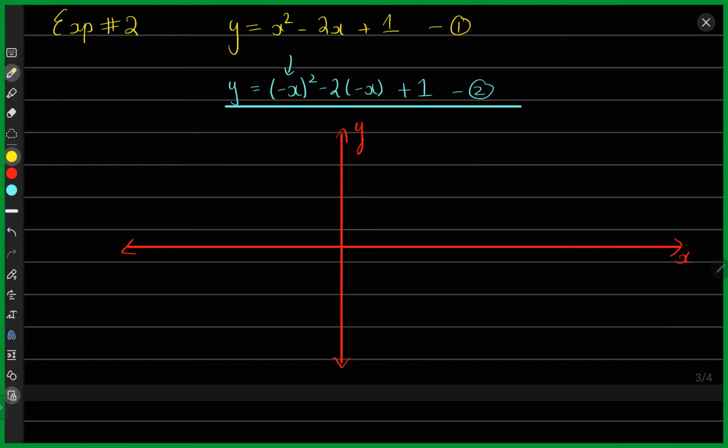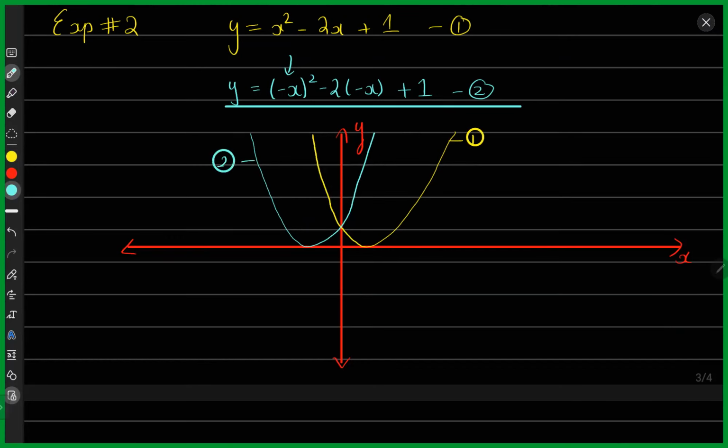It is going to be something of this type. This is for equation number 1. Now I need to reflect this in the y-axis, and then I will make the blue graph. This is what it is going to be approximately. It's just a rough idea about it. So this is what happens.